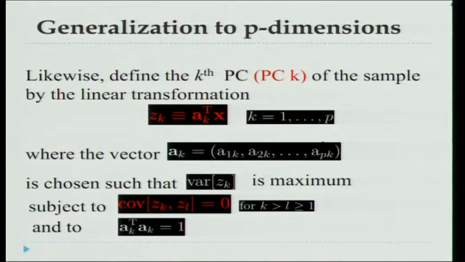Also the covariance between Zk and each of Z1, Z2 and so on should be 0, because, as I told you, it should be perpendicular to every other axis. This is the condition of orthogonality, so that should be maintained.